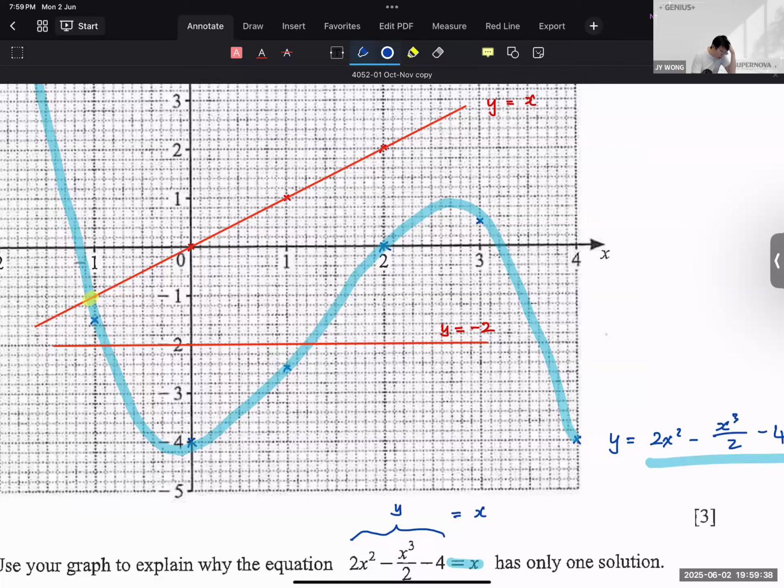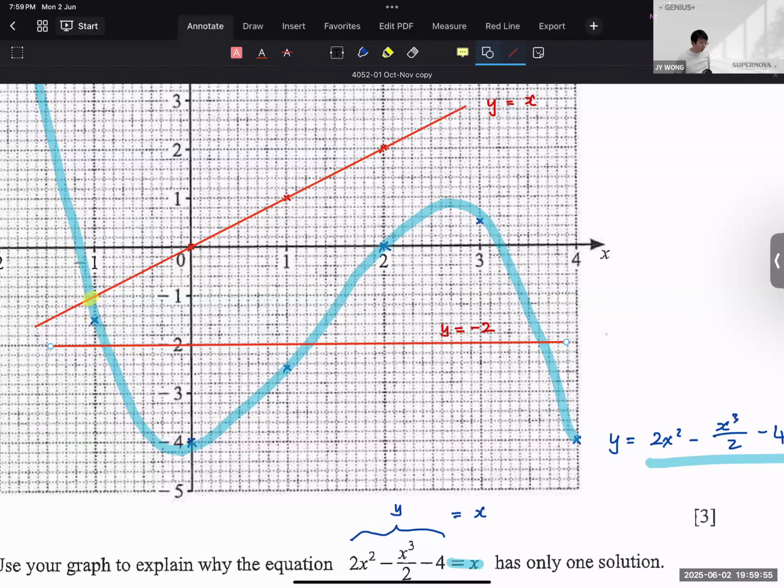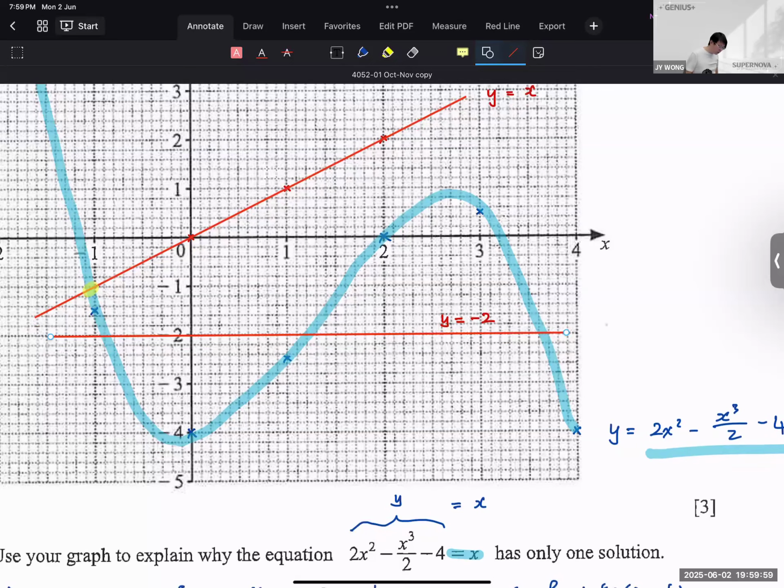Okay? And then I have to extend the line all the way to 1. I need to make sure I draw the line so that it cuts all 3 points. Notice that there are 3 points of intersection. It must cut all 3 points, because that is how you find the solution.